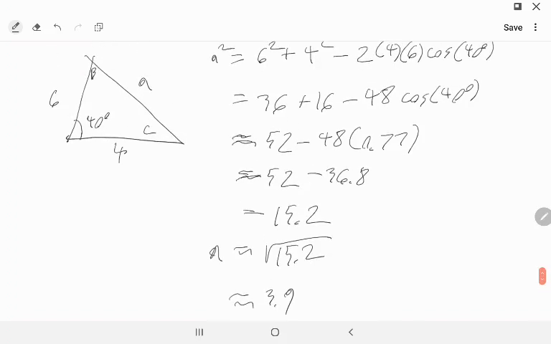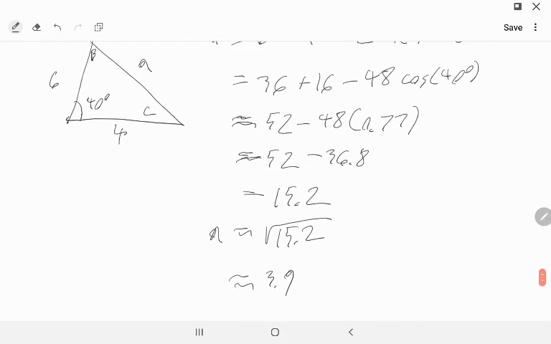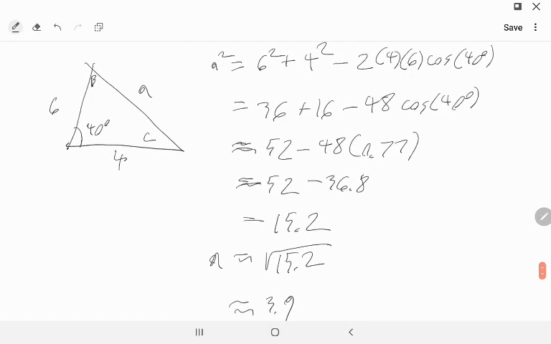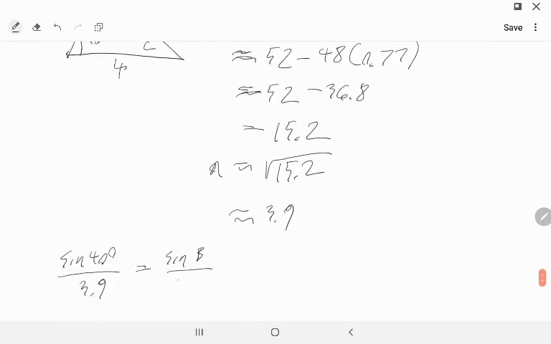And now we notice that we can find out the measure of angle B. We know that sine of 40 divided by 3.9 has to match up to the sine of capital B divided by 4, and that has to be the sine of capital C divided by 6.